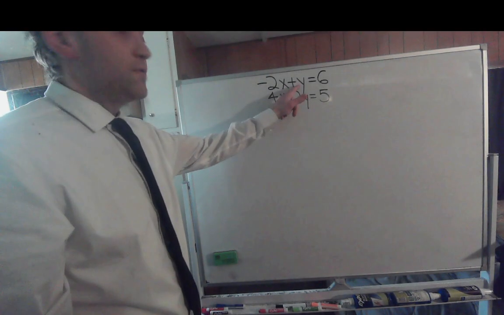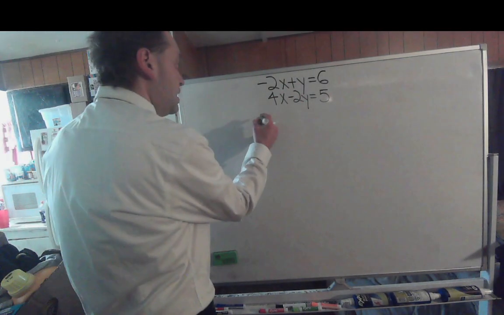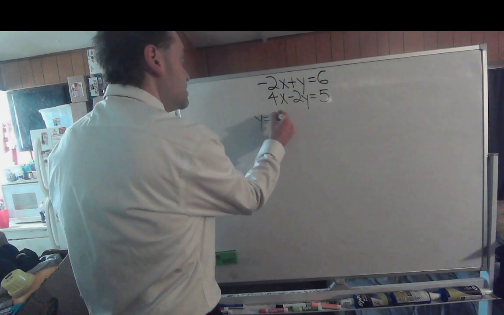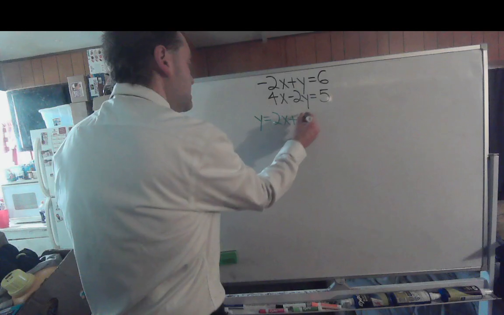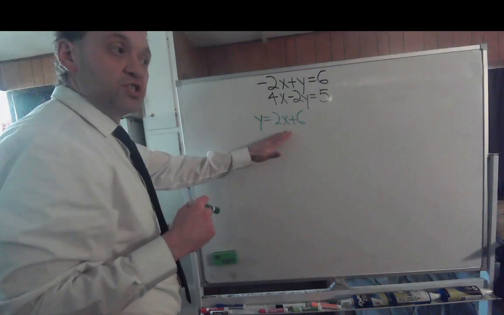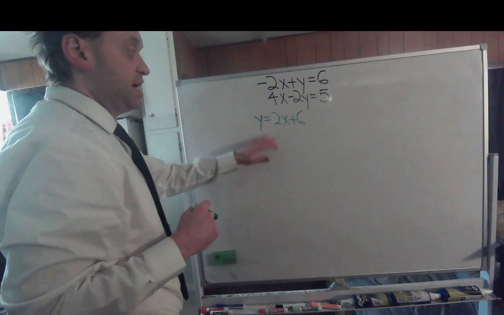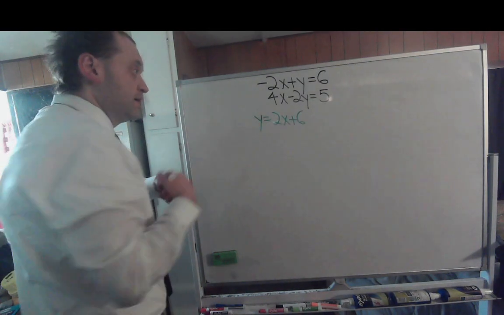The y in the first equation has a coefficient of 1, so we can set y equal to 2x plus 6. Take that first equation, get y by itself, you would get y equals 2x plus 6. So now in the second equation, you can take that y and substitute that in.